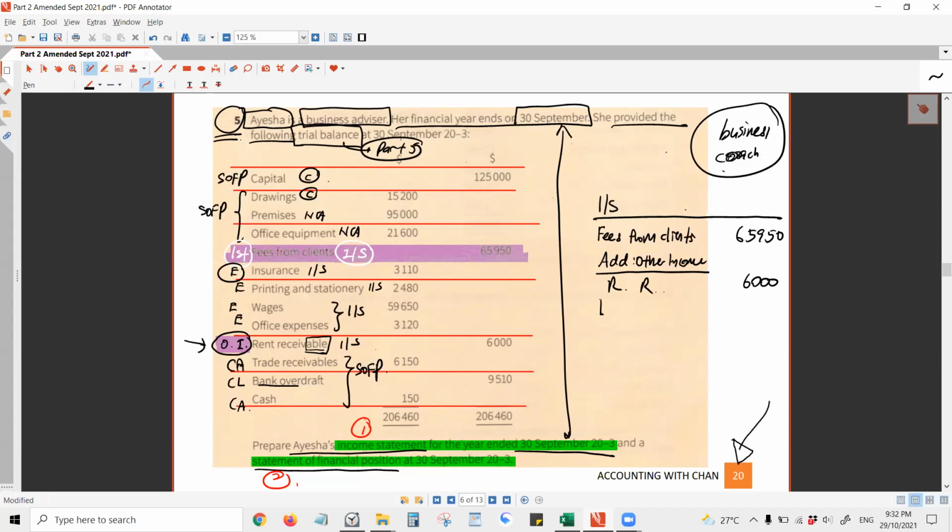Then you add these two together and put a figure here. After that, the less expenses section. The rest you do the usual way, all the way to the end of the income statement. Show profit for the year or loss for the year, depending on whether it's a positive or negative number. That's how you can finish it.